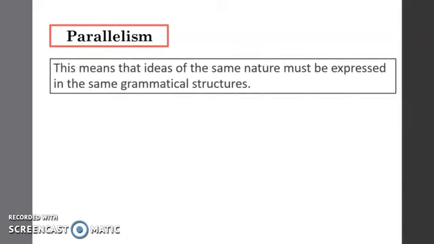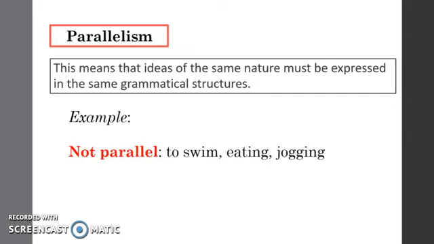Another way to ensure coherence is to observe parallelism. This means that ideas of the same nature must be expressed in the same grammatical structures. This consistency in the use of grammatical structure helps you express your ideas clearly. Say, for example, we have the verbs to swim, eating, jogging. This is not parallel in form.